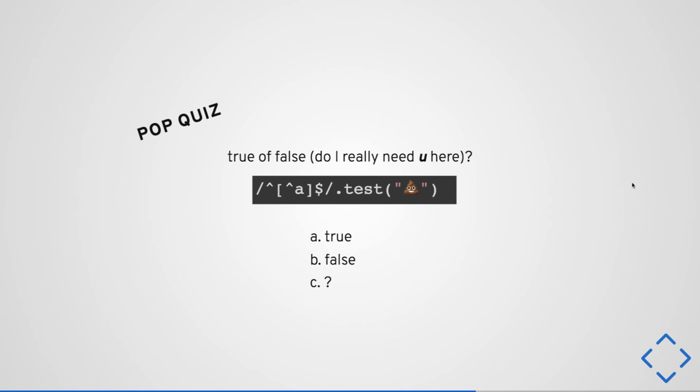You really need a u here. Here we're saying start a new line, anything that's not an A, followed by the end of the line.